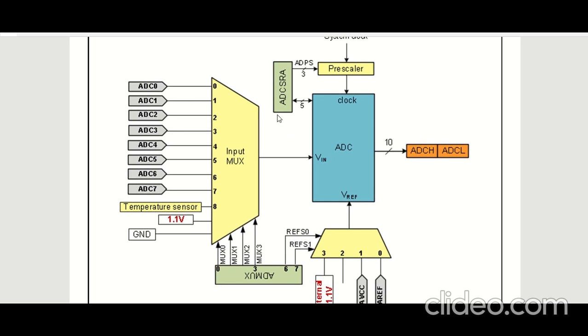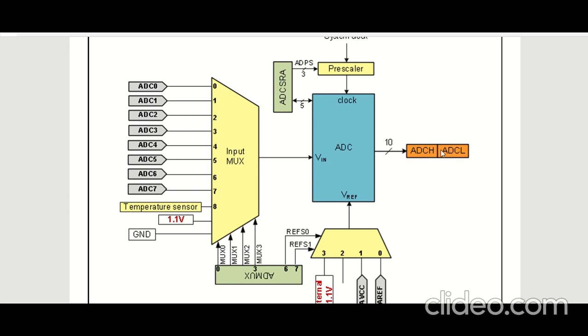Then we have to come to this register. This is ADCSRA. It is used to select the prescaler mode of the clock, and these are our output registers. These are the two output registers, ADCH and ADCL.